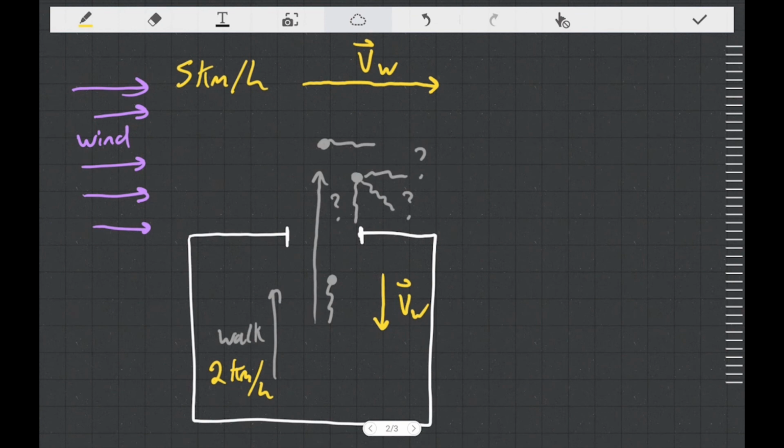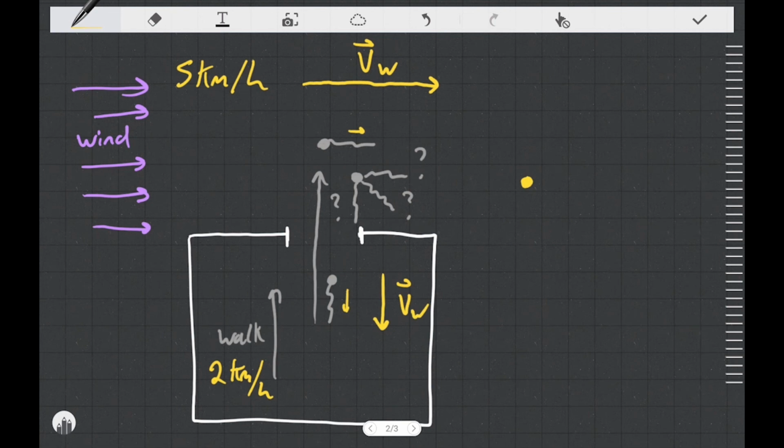Now, if we wanted to figure out what direction the streamer is actually going to blow in, we want to think about what's going on in this problem. In both of the stationary cases, the streamer is blowing in the same direction as the wind vector. Right here, one direction. Right here, same direction. So let's say that we have a third case out here where we're walking with the streamer out in the wind. What we want to do is find the direction that the streamer is going to blow.